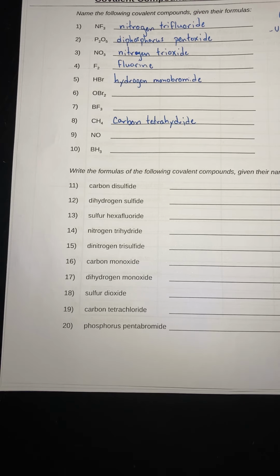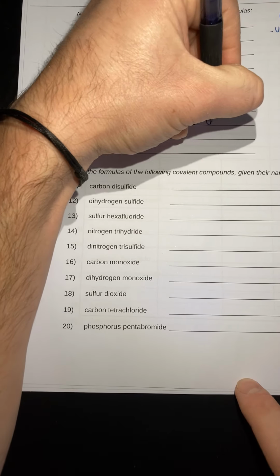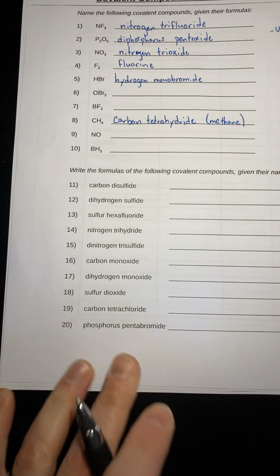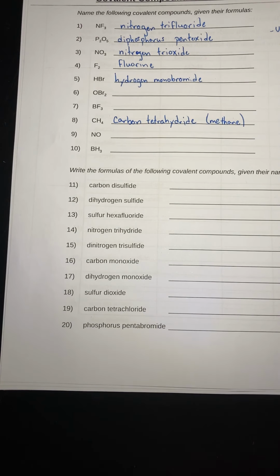Here's the thing. Normally you would not call this carbon tetrahydride. If you were referring to this, this is methane, and that's the common name for it. But if you're naming it systematically, like with a covalent compound, carbon tetrahydride is the name. There's all of them.